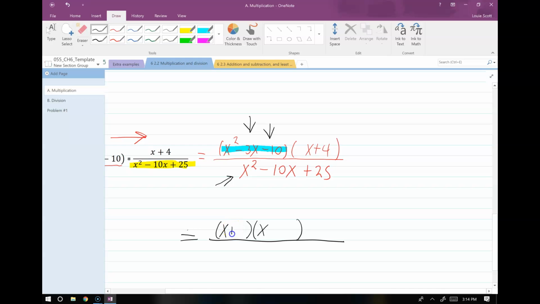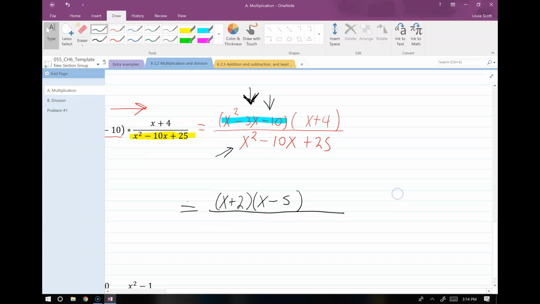There's a negative here, so this is plus and minus. So I'm looking for two factors of 10 that differ by 3. Well, that's just 5 and 2. Since the 3 has to be negative, the 5 goes on the negative, and the 2 goes on the positive. And then this other factor that was up top, this x plus 4, just stays there, right alongside.